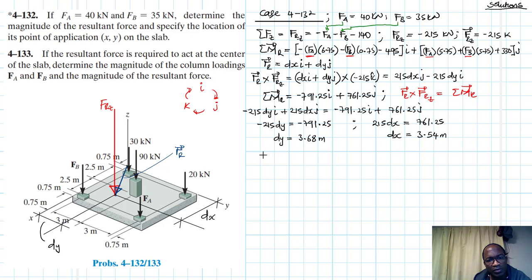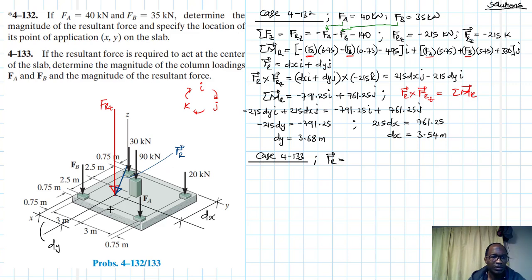So let's go to case number 2. Case 2, which is 4-133. In this particular case, they are telling us that the resultant force is required to act at the center. So if that is the case, we will need to find the center position of our slab. So let's write our new moment arm.